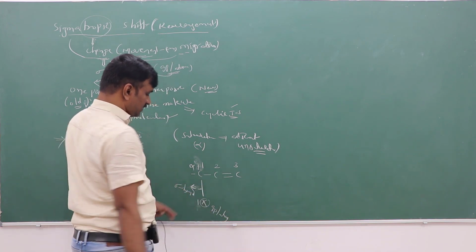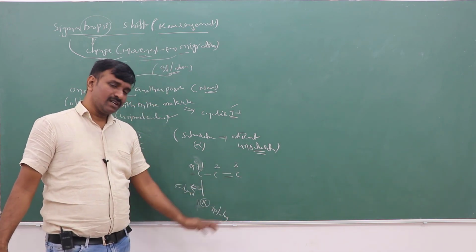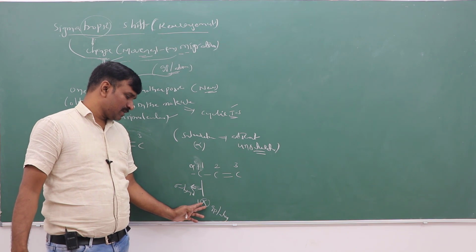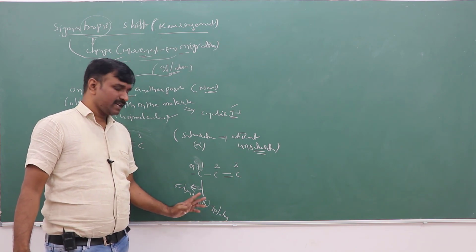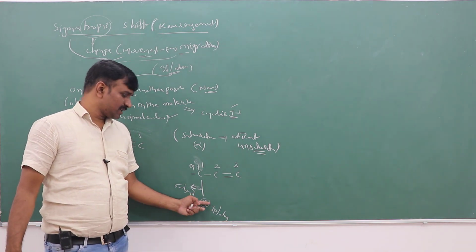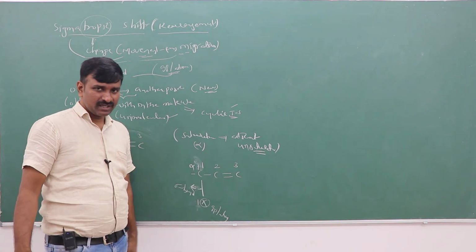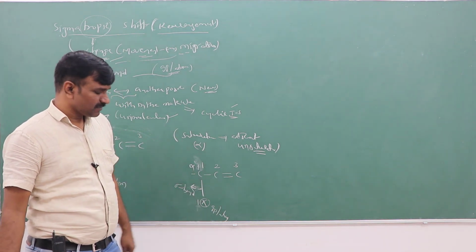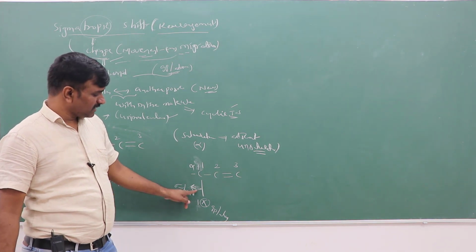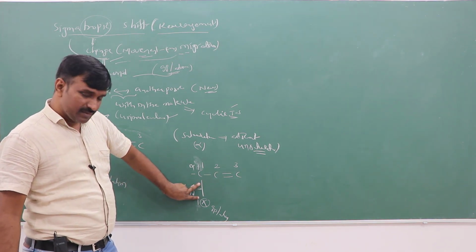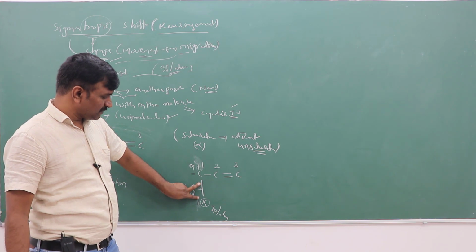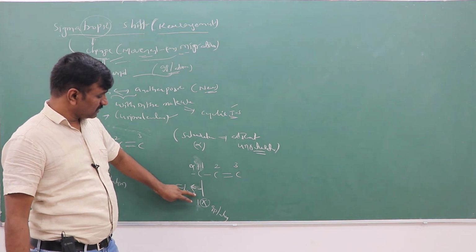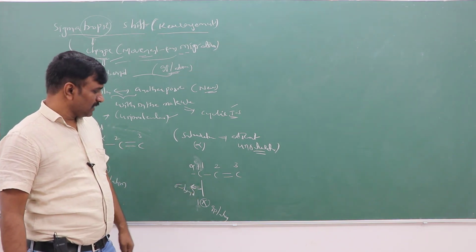Here there is no further unsaturation, only the group X, so I can give just 1. If the conjugation continues, you can number 1, 2, 3 like that, till the end of the unsaturation.